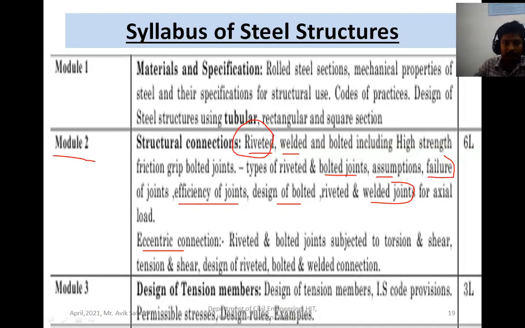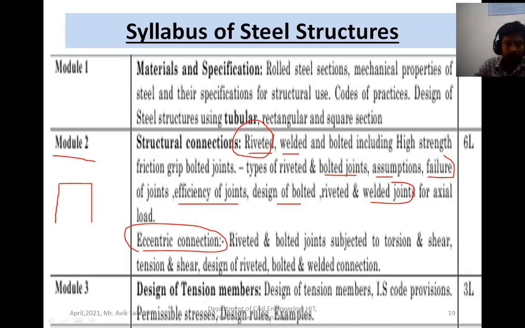Another type of connection is called eccentric connection. Eccentric means when the load is applied far from the CG of the connection.